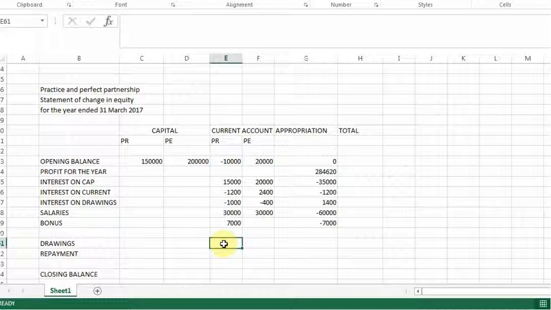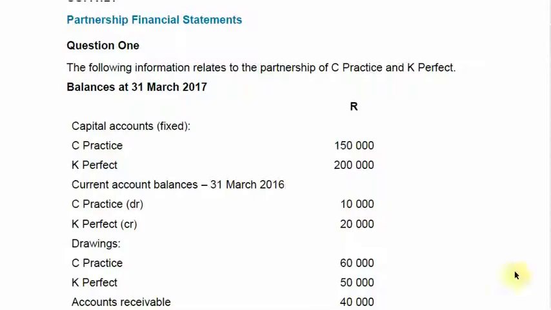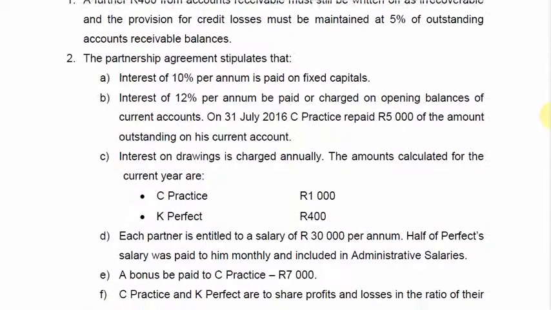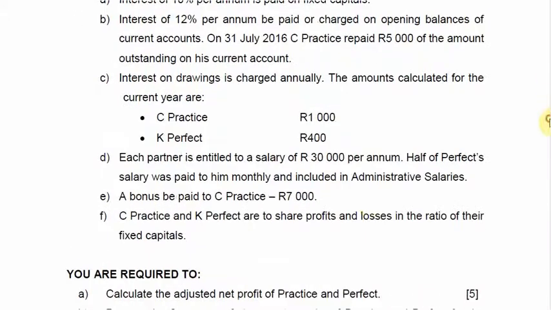Then the drawings, the balances of the drawings were given to me as 60,000 and 50,000. So there's the 60,000 for practice, but for perfect, we need to be careful. In the question, they tell us that they had an error here, so half of it was an error that they put in administrative salaries. It should not have been in administrative salaries, but rather in drawings.